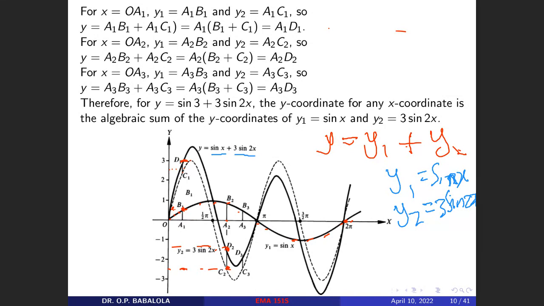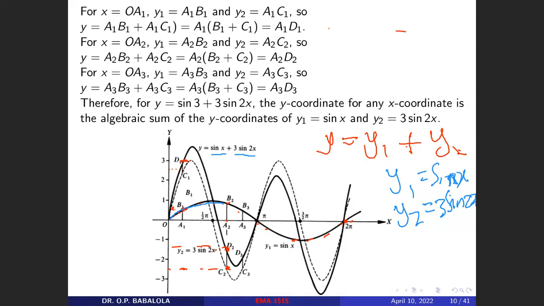The procedure says sketch the graph of y1, which is sine x, this one. That is for sine x. Now sketch the graph of 3 sine 2x.